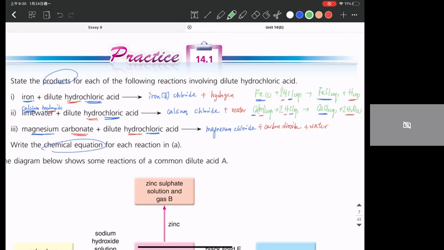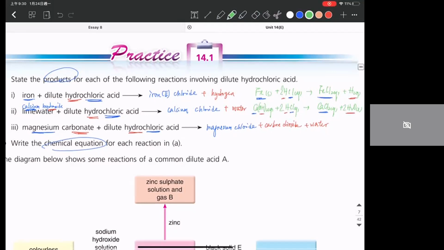How about the third one? Magnesium carbonate, HCl, form magnesium chloride, CO2, and H2O.